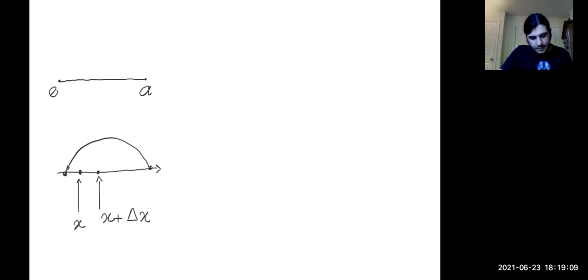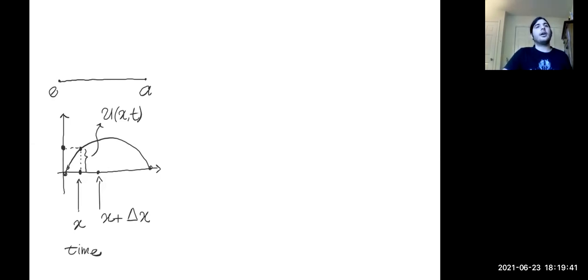Let's say at time t, as the time passes on, I'm going to measure this distance, how much the string is above the x-axis. At time t, at point x, I'm going to show the distance with u of x and t. So if we also have the y direction, this is going to be u of x and t at the time t.